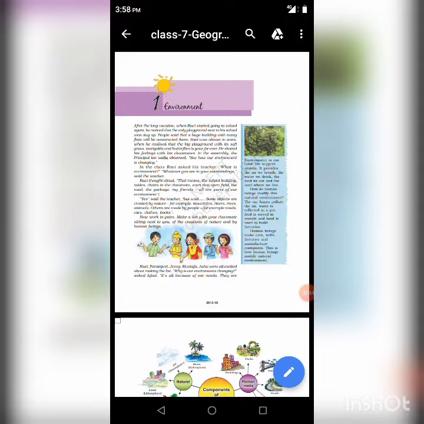Means nature, place, people, things, etc. that surround the living organism make the environment.